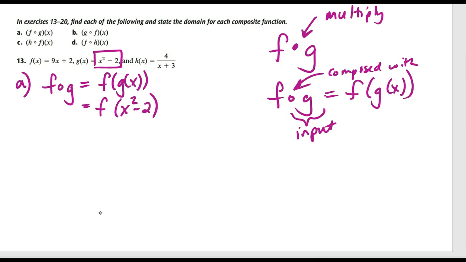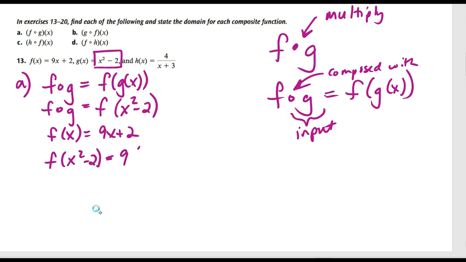So I could write f composed with g as f of x squared minus 2. Now I write the function f of x, and then I consider when x instead is x squared minus 2. So everywhere there's an x, I'm going to replace it with x squared minus 2. That's my new input. And I'll distribute this out.